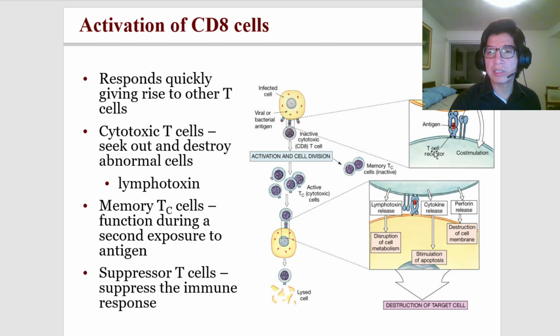Now, how does that happen? You have your cytotoxic T cells releasing cytokines that stimulate apoptosis, or programmed cell death. What's the difference between programmed cell death and necrosis? Necrosis is not programmed. In necrosis, the cell just loses all homeostatic balance, and its contents get spilled into the exterior.